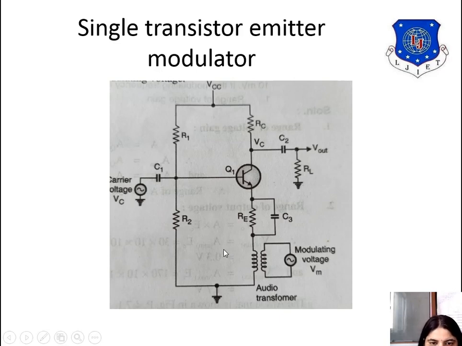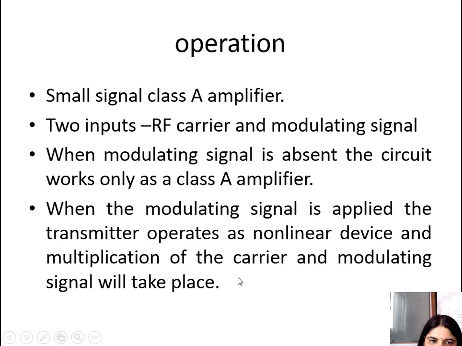Okay, so now we'll see in this small signal class A amplifier, there are two inputs, the RF carrier and the modulating signal. When the modulating signal is absent, the circuit acts as a class A amplifier.